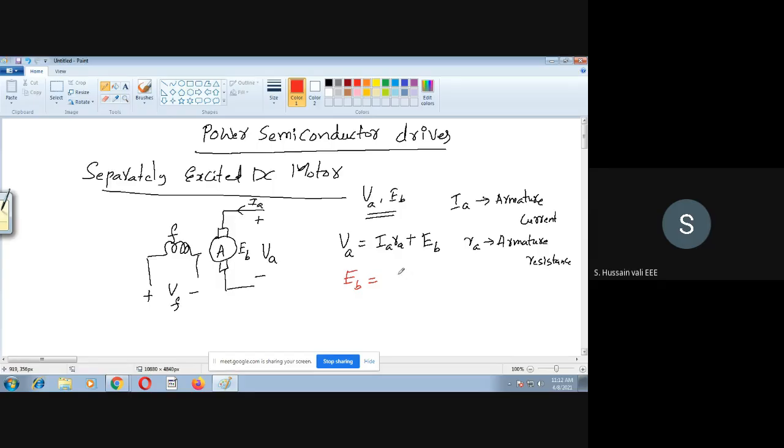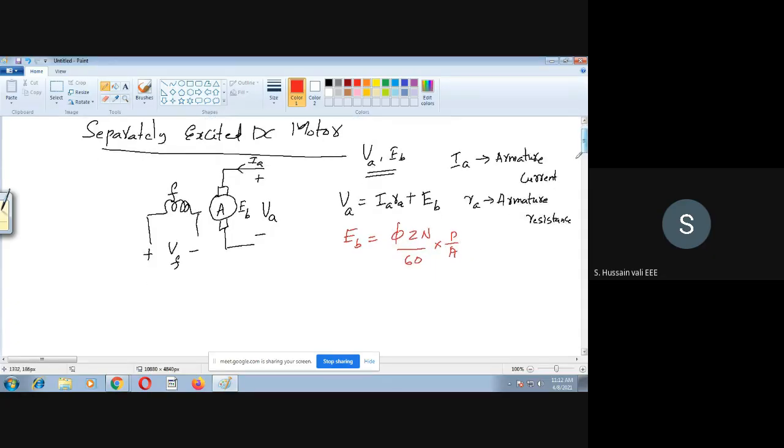I will write that here: phi Z N P by 60 A. This is the equation for the back EMF of the DC motor. Phi is the flux from the excitation, the field winding. Z is the number of conductors, N is the speed in RPM, P is the number of poles, and A is the number of parallel paths.